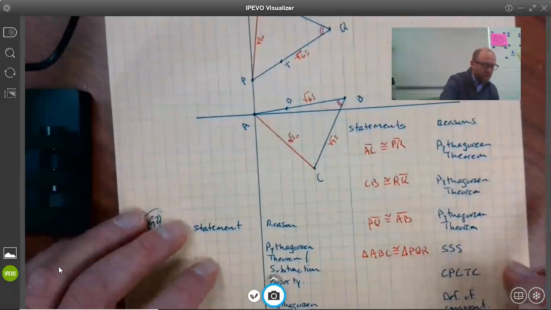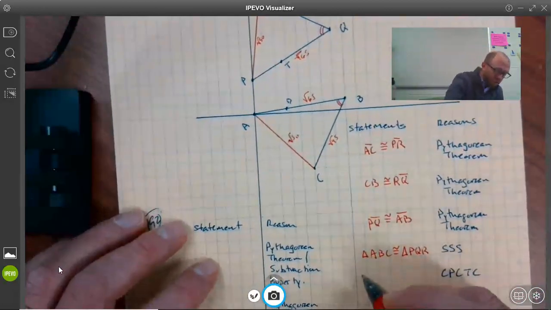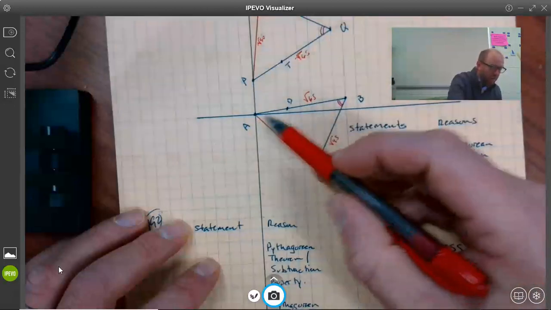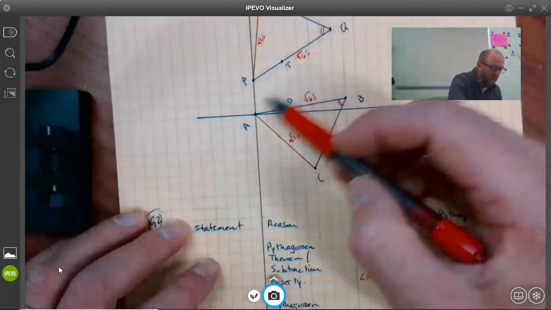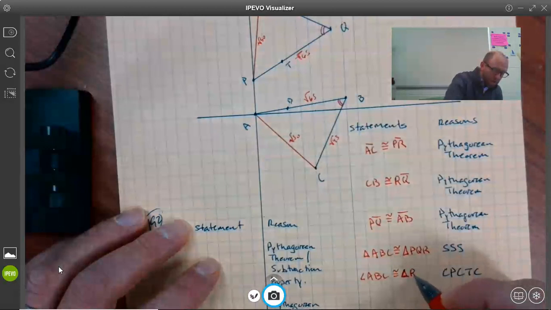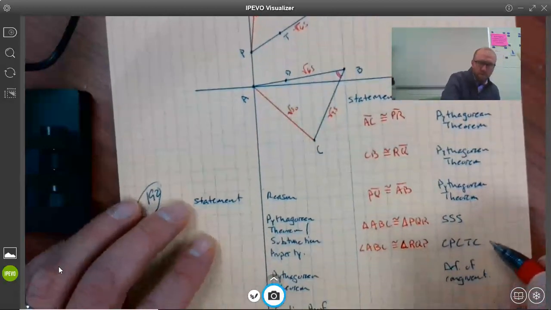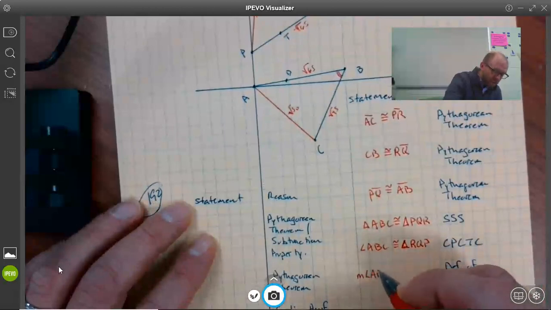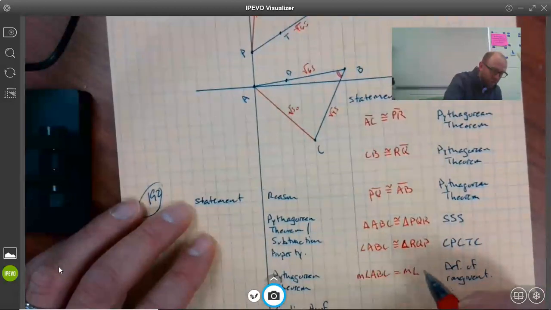So two triangles being congruent, therefore we can conclude that angle ABC is congruent to angle RQP. All right. And we could say, following that, the measure of angle ABC equals the measure of angle RQP.